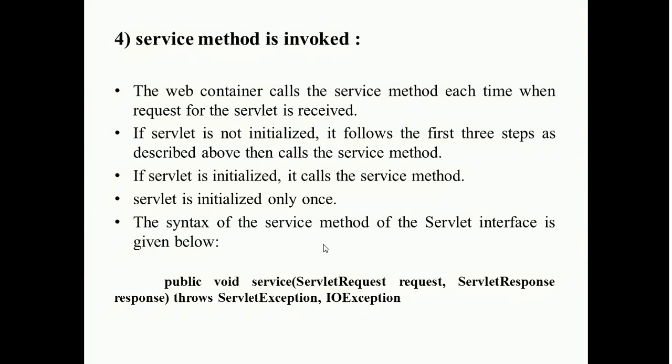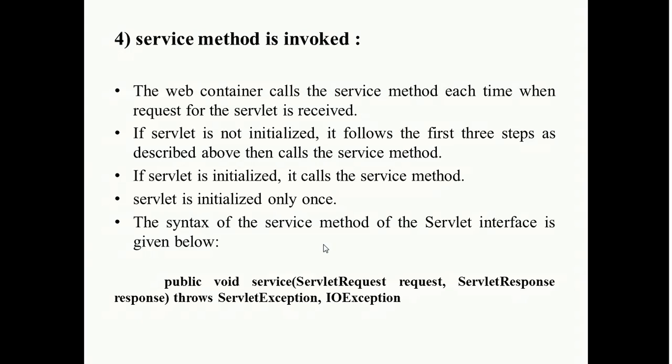The fourth step is that the service method is invoked. The web container calls the service method each time a request for a servlet is received. This means the service method is called many times when requests for a particular servlet are received.